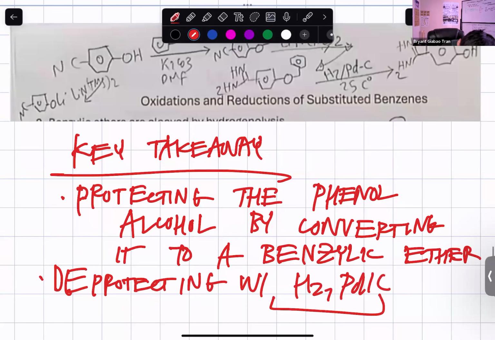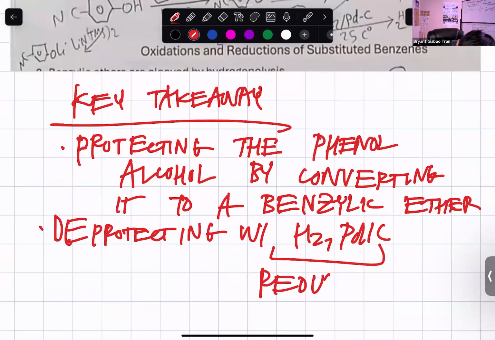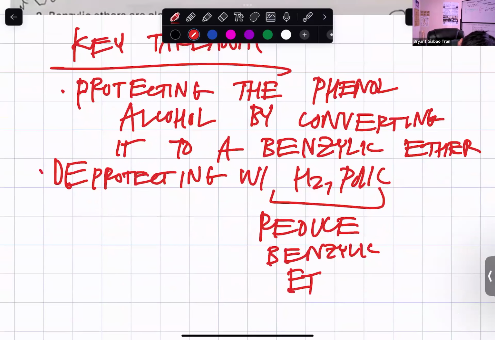Which is going to reduce the benzylic ether back into the alcohol. So let me explain this here.